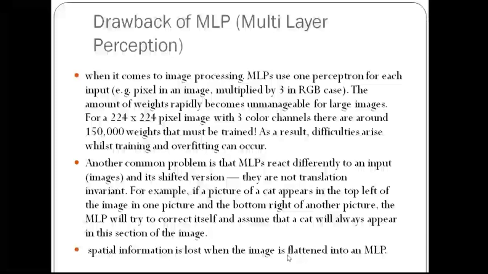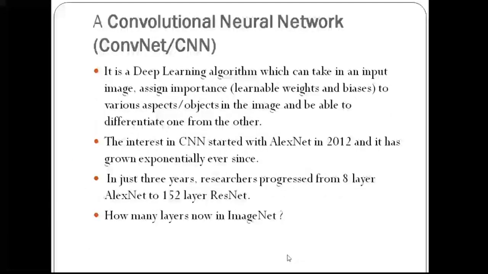Like when we use CNN, we need to identify the image of a cat, and the cat can be in the image at the center, maybe at the bottom, or maybe at the top of the image. So it is difficult for a multi-layer perceptron to identify the cat at different locations in the image. So this is another problem. Again, we lose the spatial information in the case of a multi-layer perceptron.